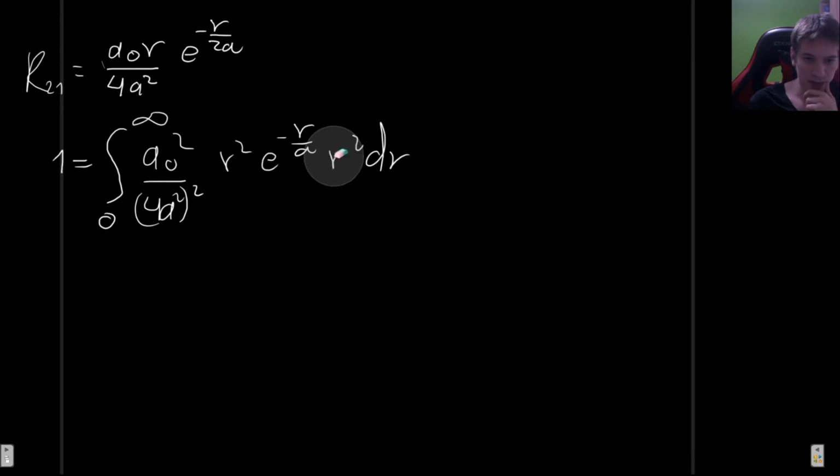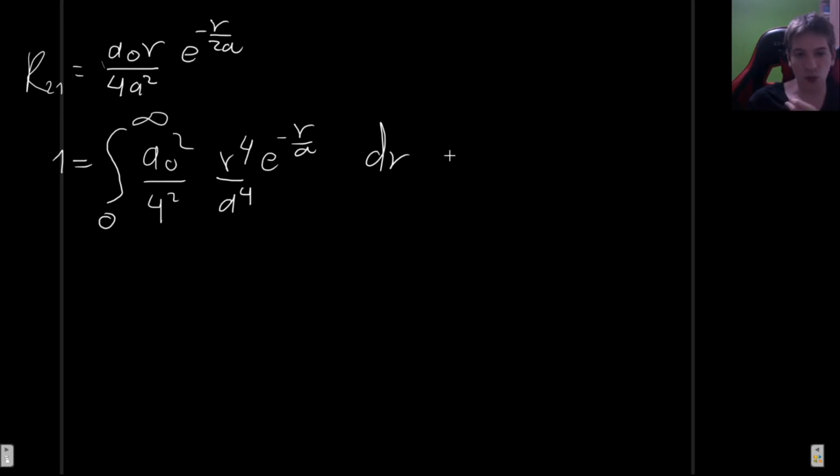So let's put these r's together. So we get r to the 4th power. And once again, let's separate the a. So we get 4 squared, and here we have divided by a to the 4th power. Why do I do this? Because once again, we are going to use the change of variables. z is r divided by a, and dr is going to be a dz.